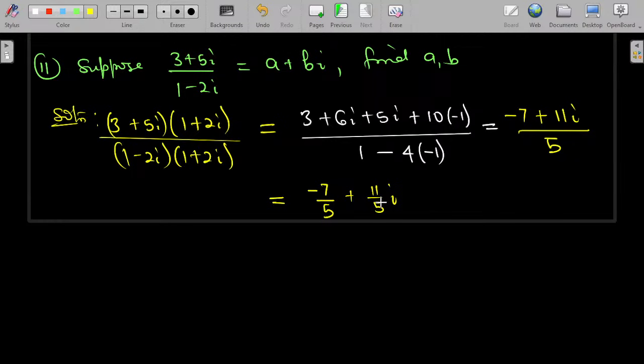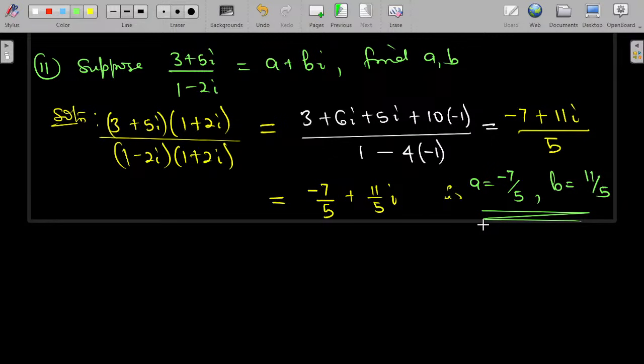So the one that is without any i is your a. Therefore, my a is equal to minus 7 over 5, while my b is equal to 11 all over 5. And that is the solution to that problem.